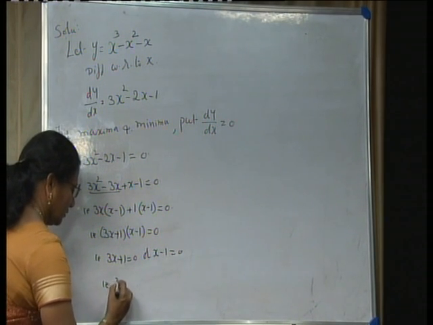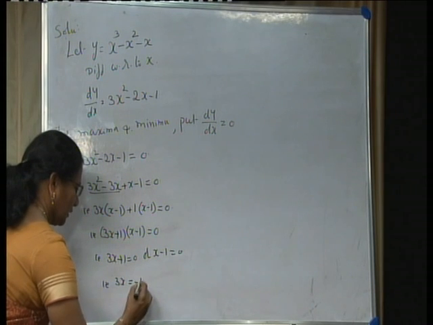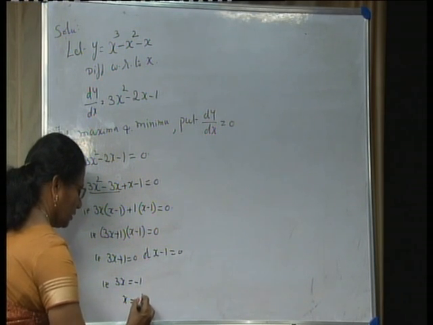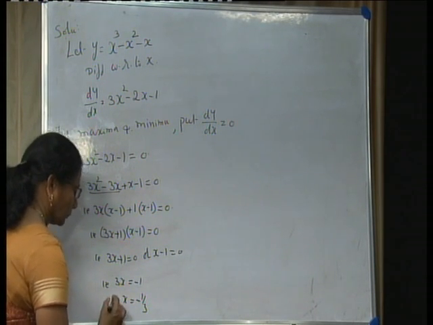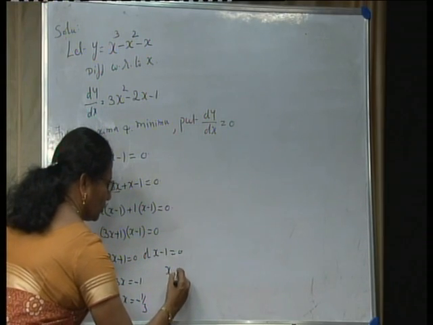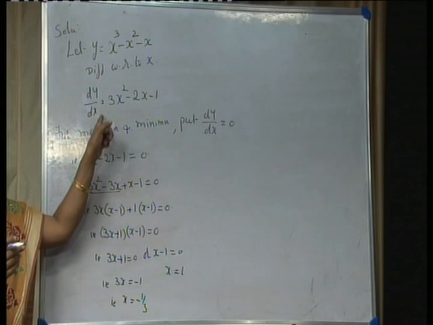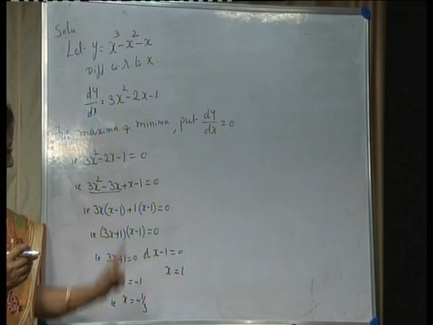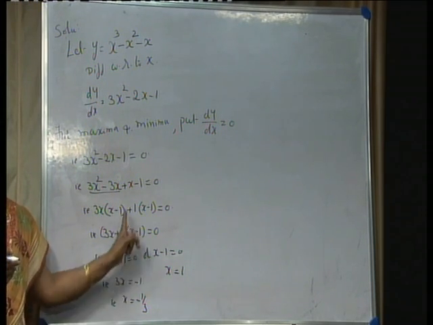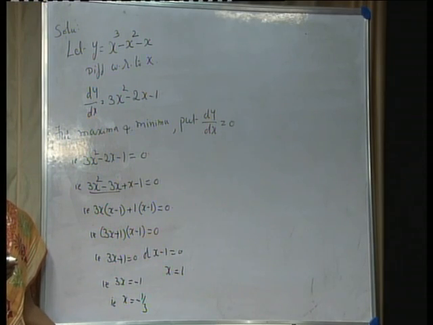That is 3x is equal to minus 1, x is equal to minus 1 by 3. Here x is equal to 1. See, first step is over. dy by dx equated to 0, solve the equation, we will get the values of x.